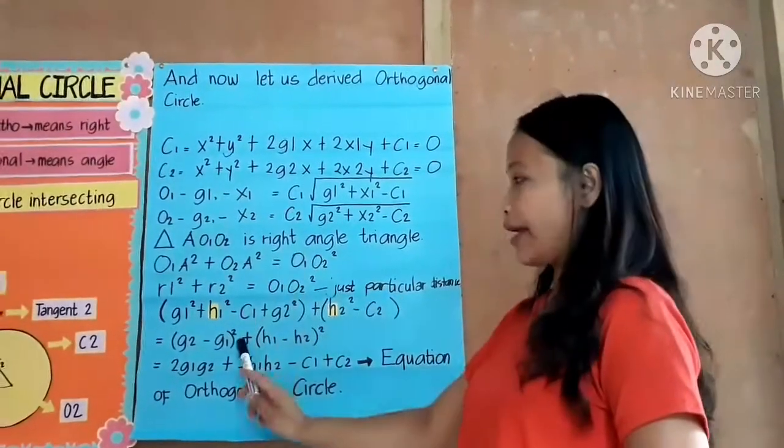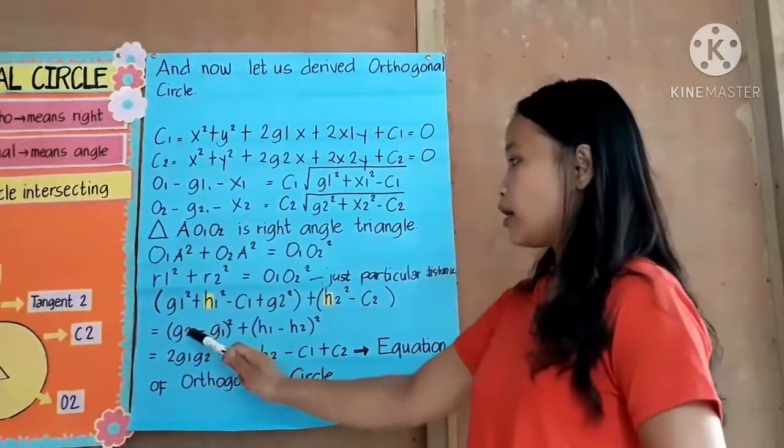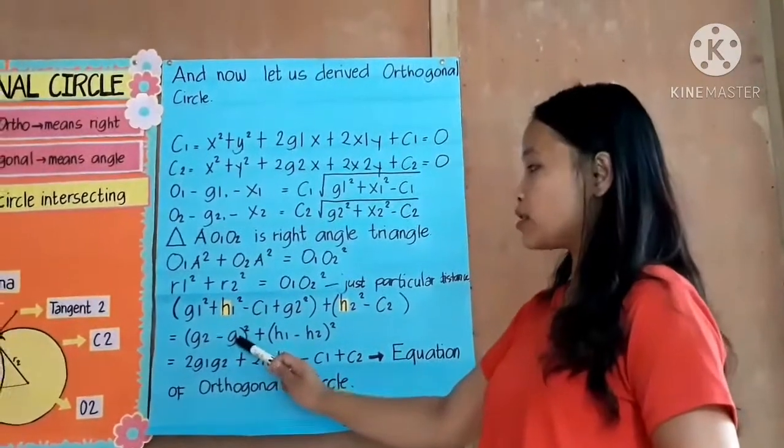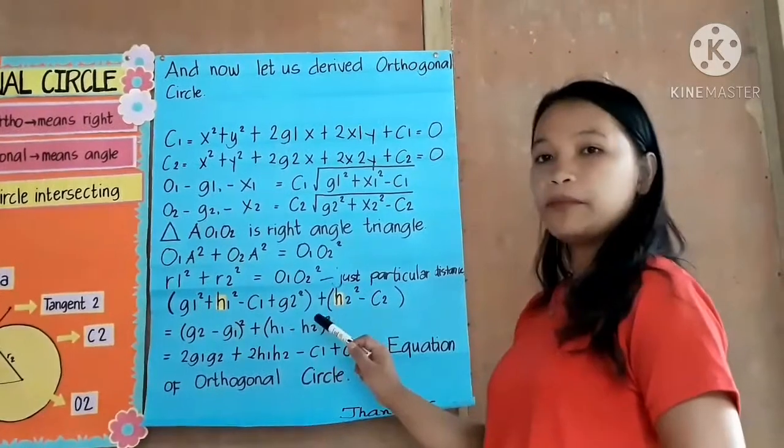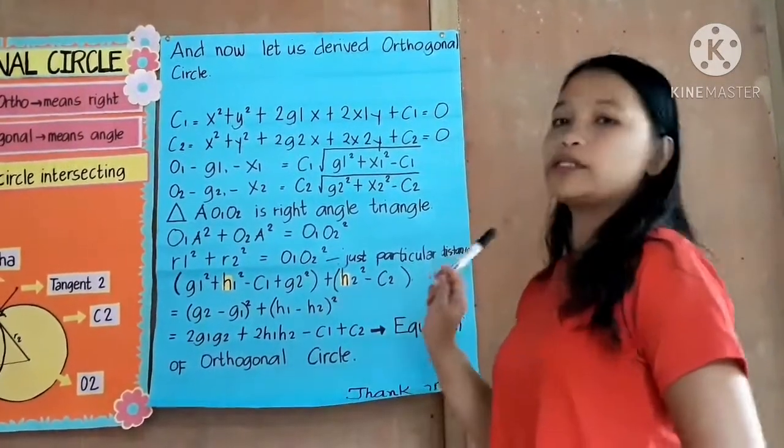In that case, we get (g2 minus g1) squared plus (h1 minus h2) squared.